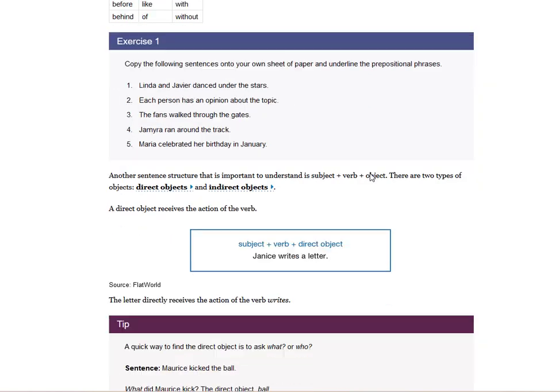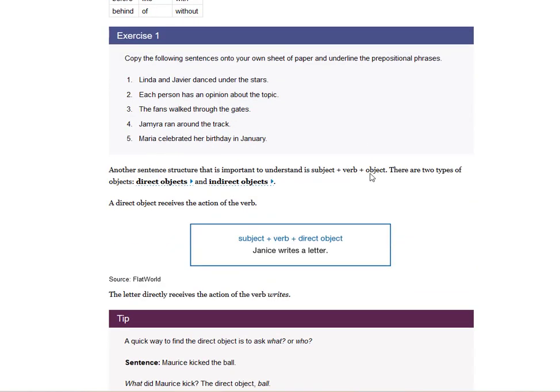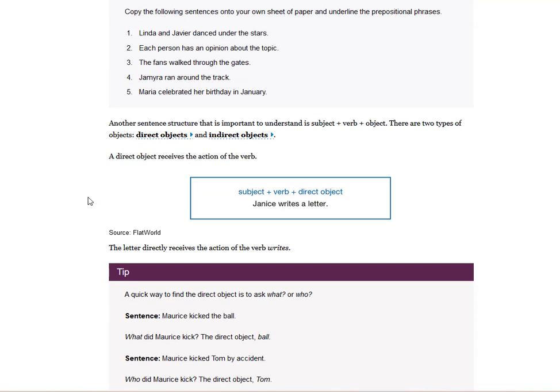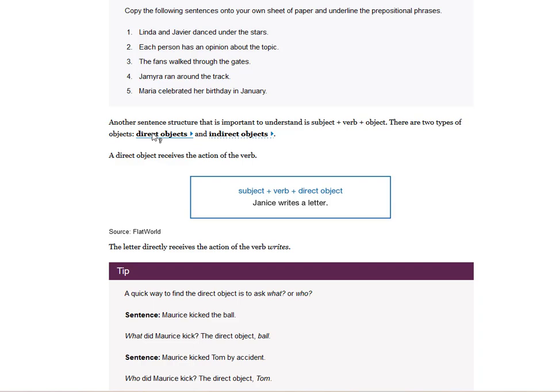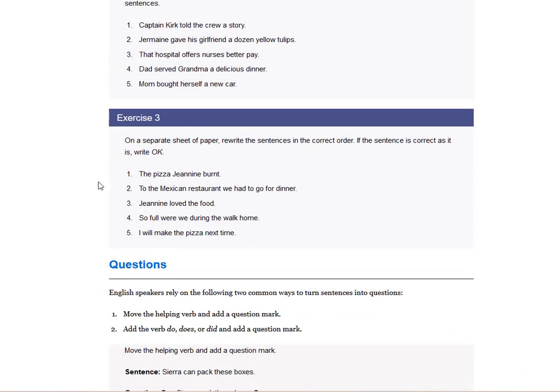Even though my definitions are the same, you have to go by the wording of the book. So whatever the wording of the book says a direct object is, then that's what it is. And you can click on these bolded words to get the definition. Okay, so direct and indirect object.